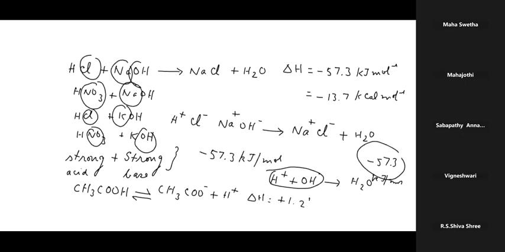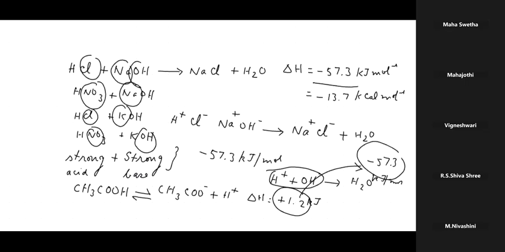Therefore, this plus 1.2 kilojoule has to be subtracted from the heat liberated, minus 57.3 kilojoule. Therefore, when weak electrolytes are combined to form salt and water, the enthalpy change accompanying neutralization decreases.